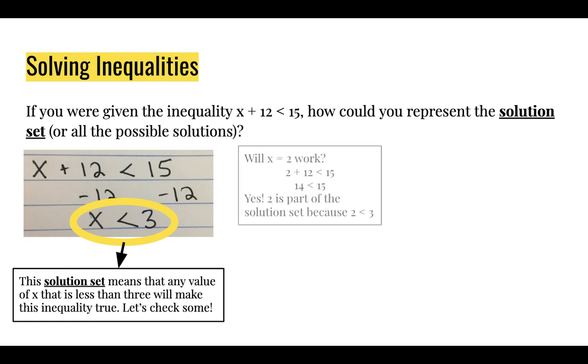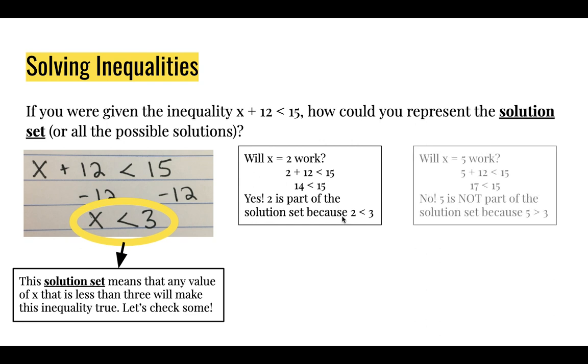Let's check some out. First, will x equals 2 work? It should, because 2 is less than 3. And we can see when we substitute and solve that 14 is less than 15. So yes, 2 works. What about 5? 5 does not work because 5 is not less than 3.